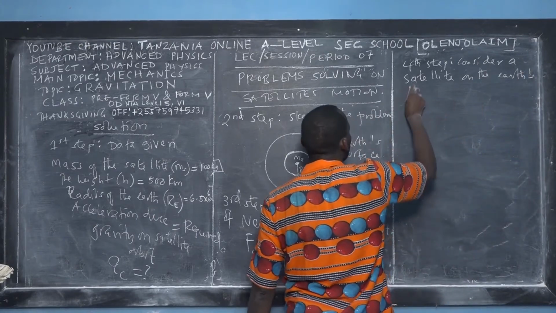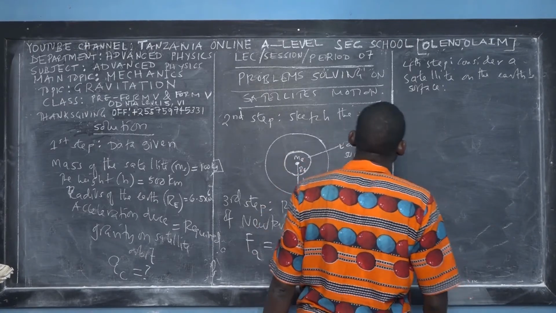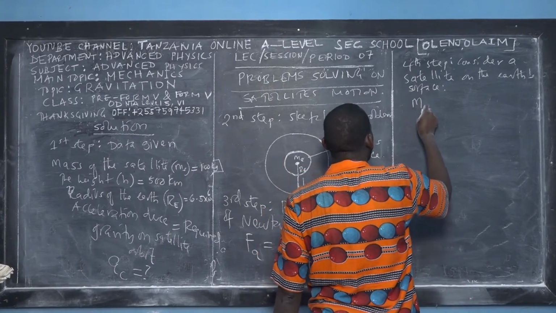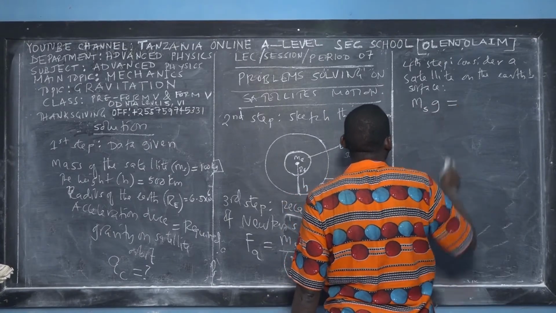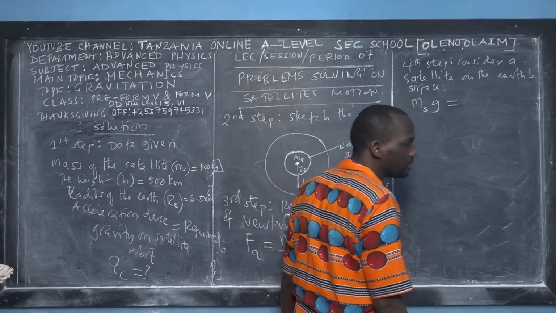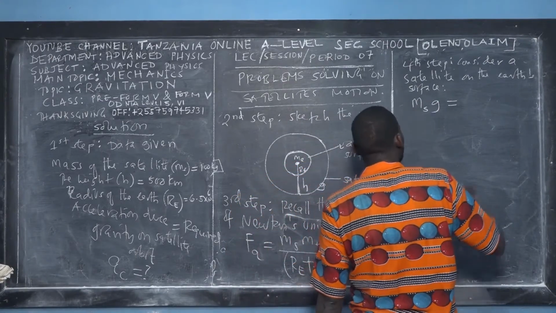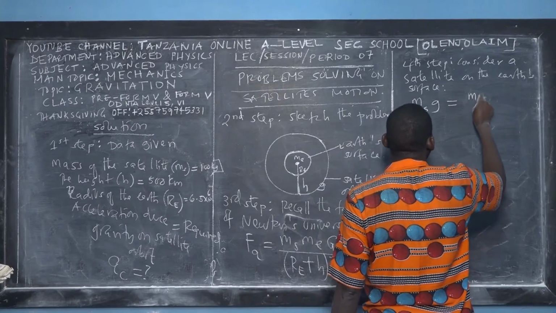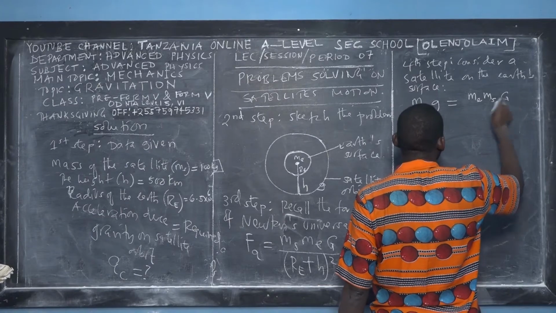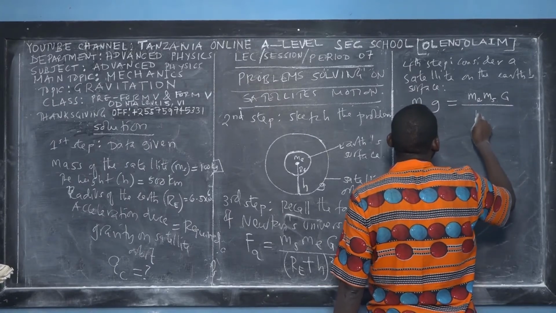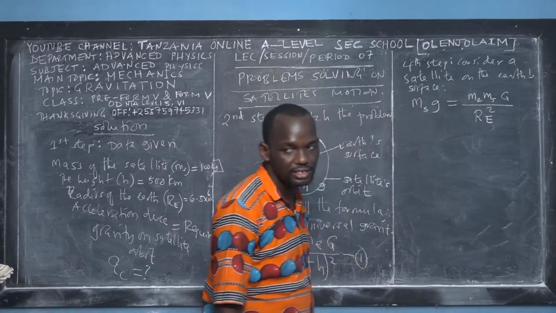So when you consider the satellite on the Earth's surface, then you say that the weight of the satellite, that is mass of the satellite times acceleration due to gravity on the Earth's surface, because the satellite is still on the Earth's surface, has to be equal to, balanced with, the product of the mass of the Earth, mass of the satellite, universal gravitational constant, divided by the radius of the Earth squared. That is on the Earth's surface.